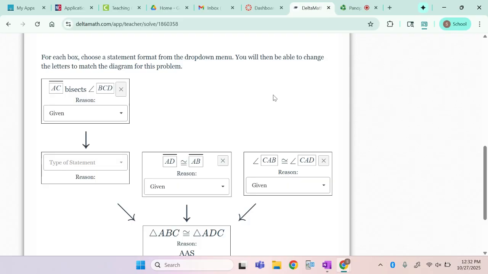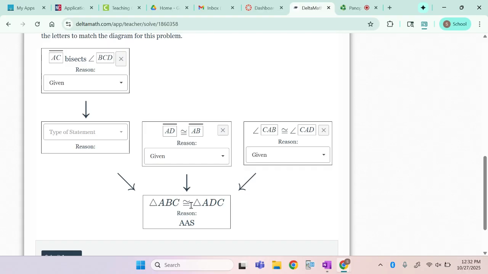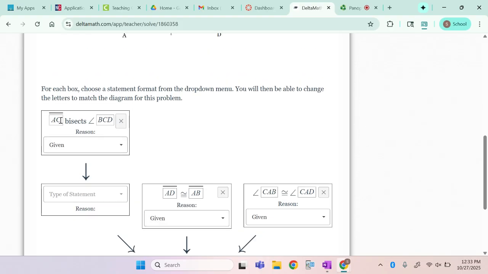Now, the last thing that we need is, so we've proven that a side's congruent and an angle's congruent. So out of angle, angle, side, what would be the last thing we have to prove is congruent if we've already shown an angle? Now, we know it's going to relate to our first given statement, which is AC bisects BCD.